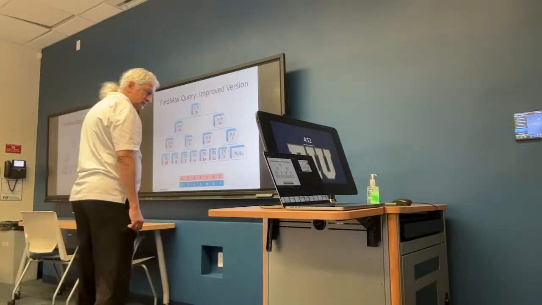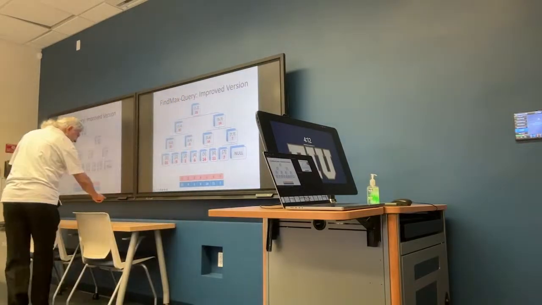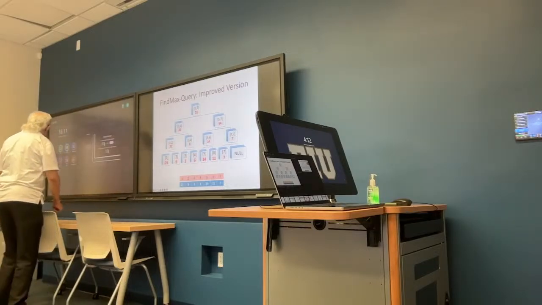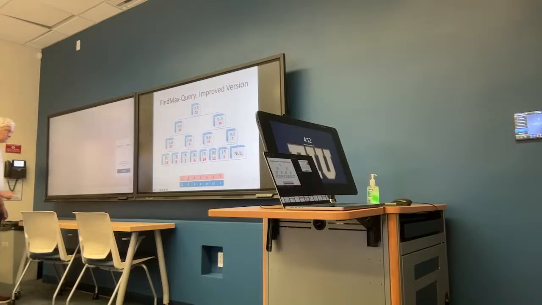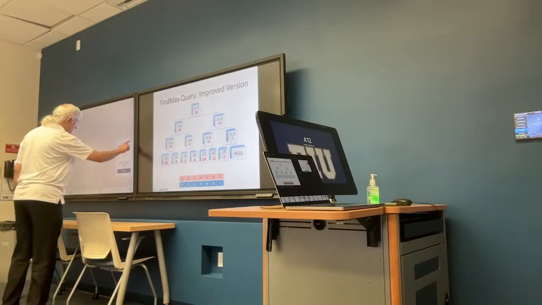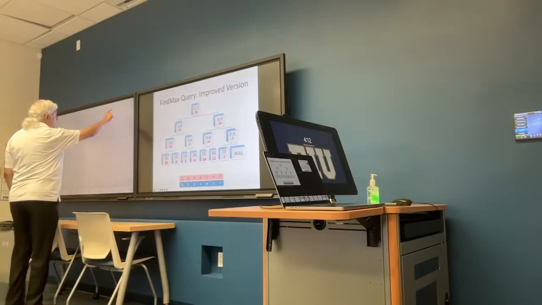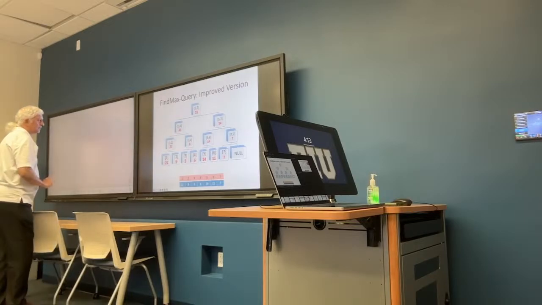Okay, so I am going to turn this off and see if I can write on it. Okay, good. That's fine. So let's say I want to find the largest value in 2, 6.